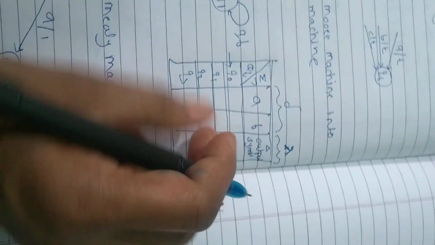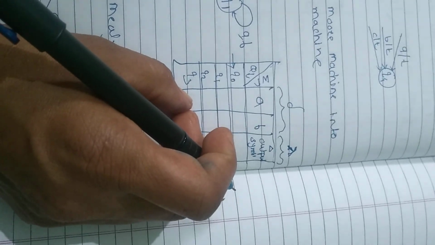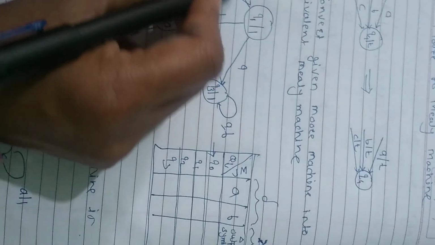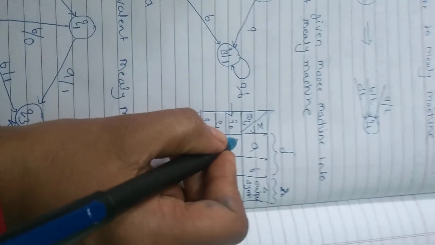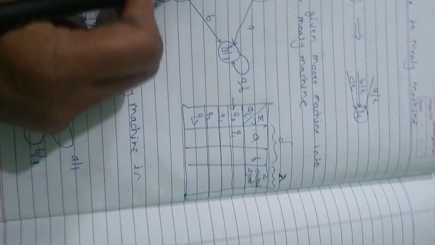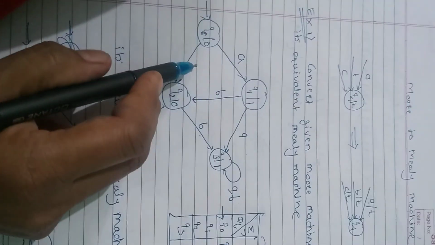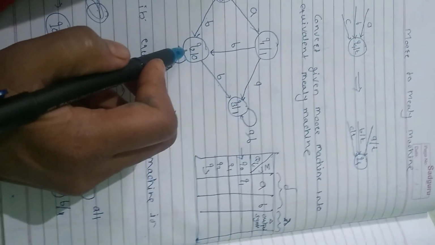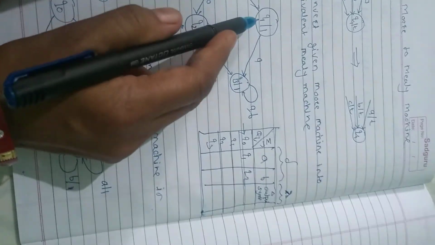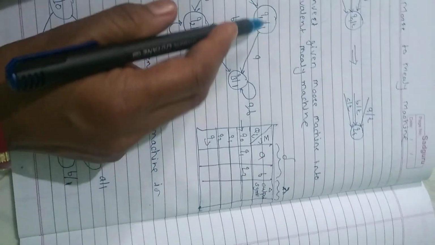Then in these two columns, write down the next state. Q0 on A: the next state is Q1. Q0 on B: the next state is Q2. Then the Q1 state.